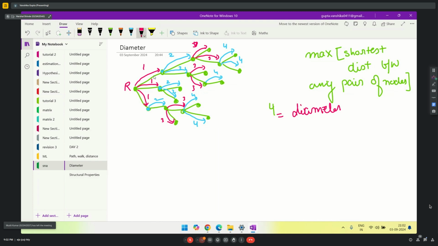Now, one case was this, when you have a tree sort of diagram or network. What if we have a normal network? In the case of a normal network, let's take an example.